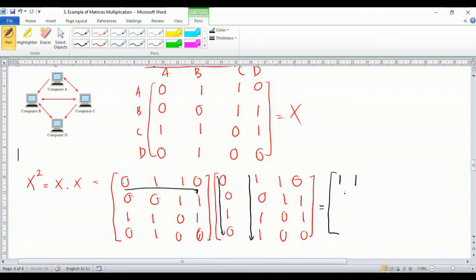And then the result you can continue by yourself. The result will be 1 1 2, and then 0 0 1 0 0 2 0 0 0 0 0 1 1 0 2 2 1 0 0 1 1.